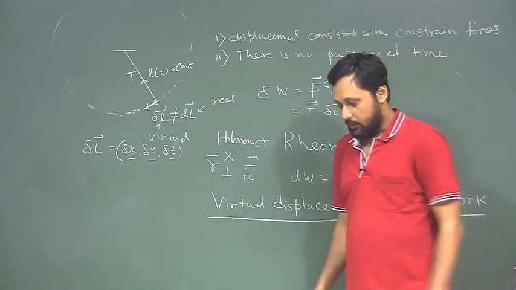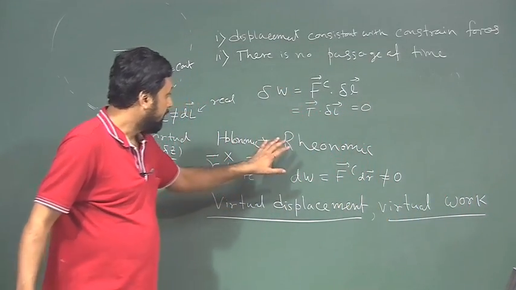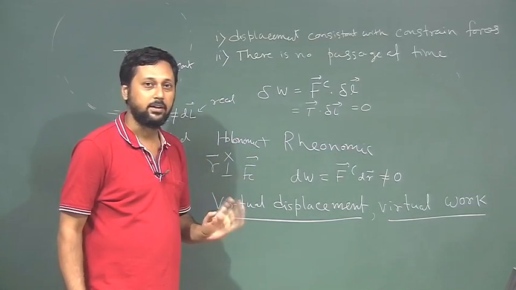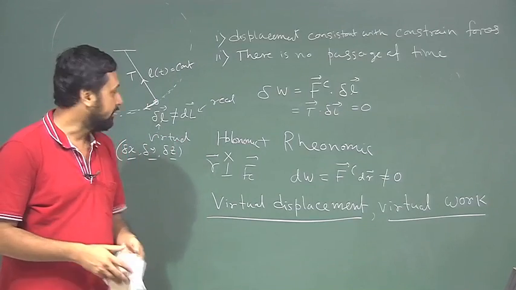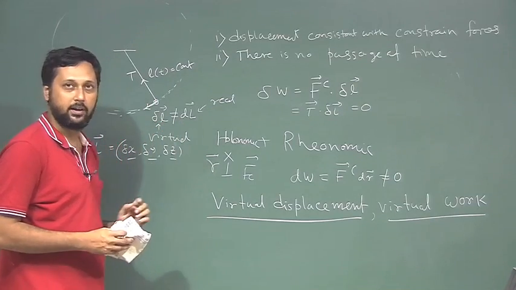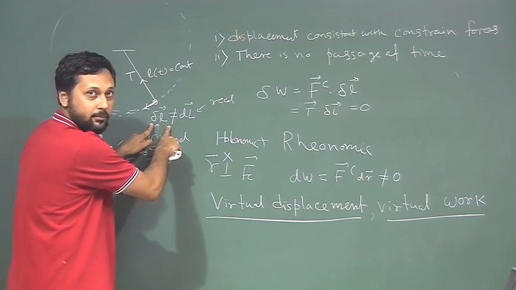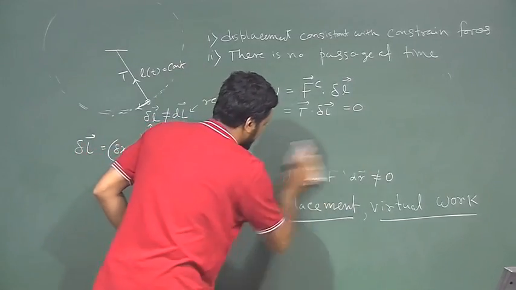Right. Now, with this construction, and please remember, for a scleronomic system, where the constraint condition is not changing, we do not need to worry about virtual displacements anymore, because in that case delta L is equal to dL. But using this delta L formalism, we have included all holonomic systems.